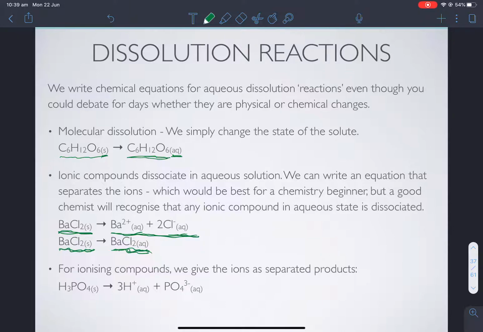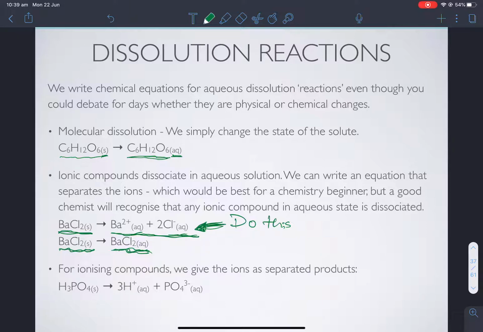So I would like you to do the first one and not be lazy and do the second one. It really says to you that they're dissociated. But if you come across the second one, don't be fooled. So do this: separate out those ions. It will help you with some stoichiometry problems, like I'll show you in the examples coming up in the next slide.